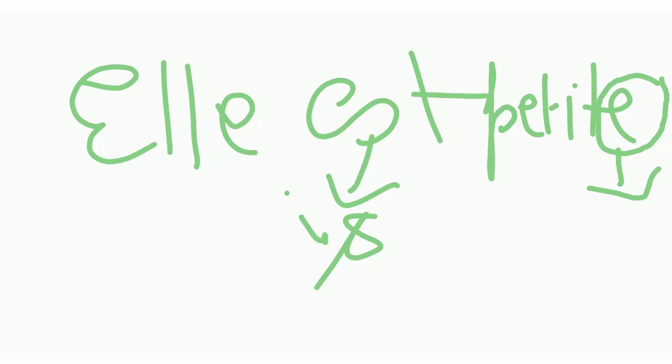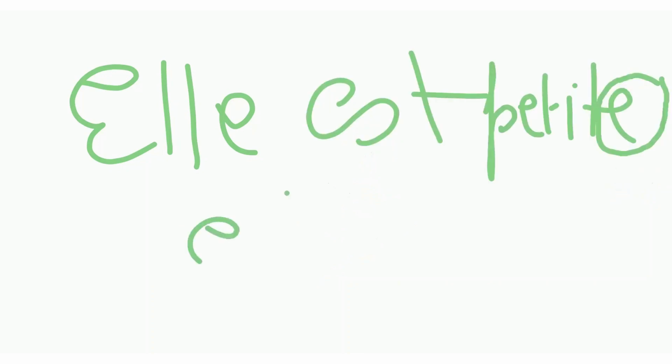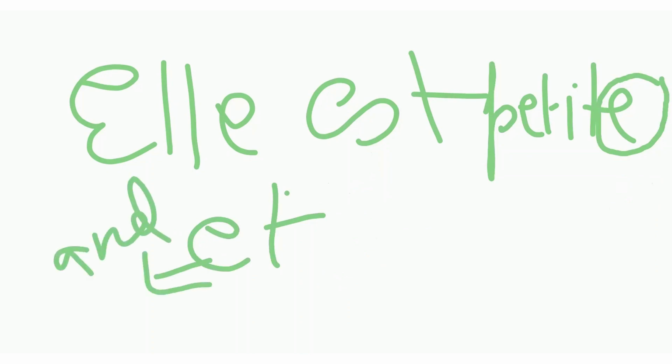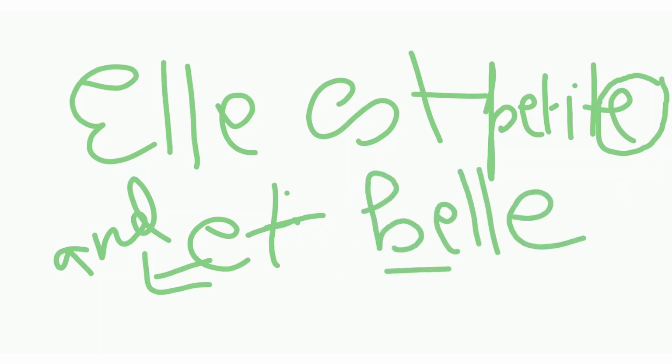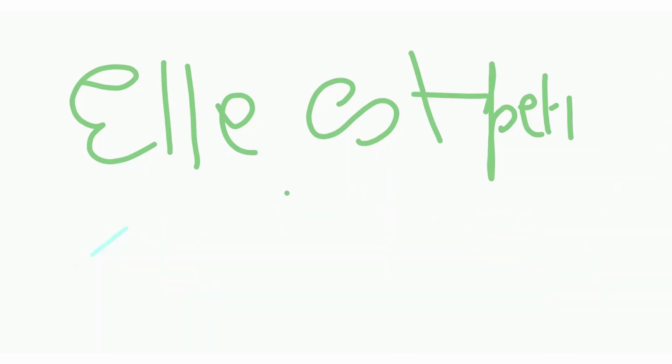Suppose you want to write something more, like she is tall or she is beautiful, then you can write et, which means and. The pronunciation is é. So elle est petite et belle. Belle is beautiful in French.